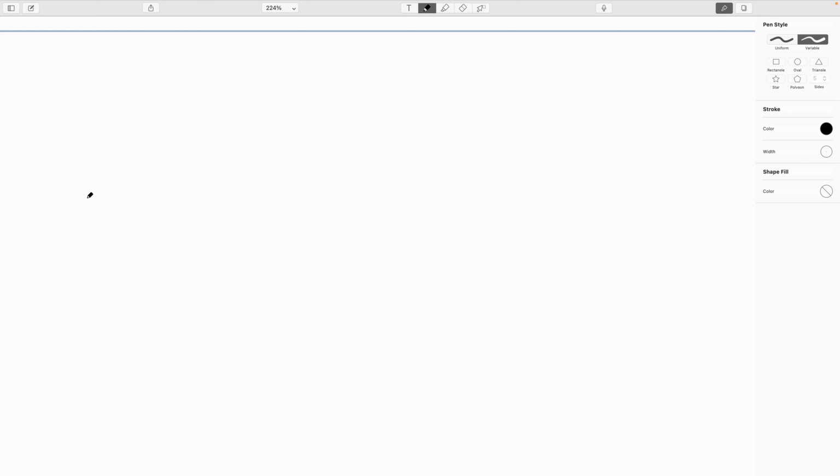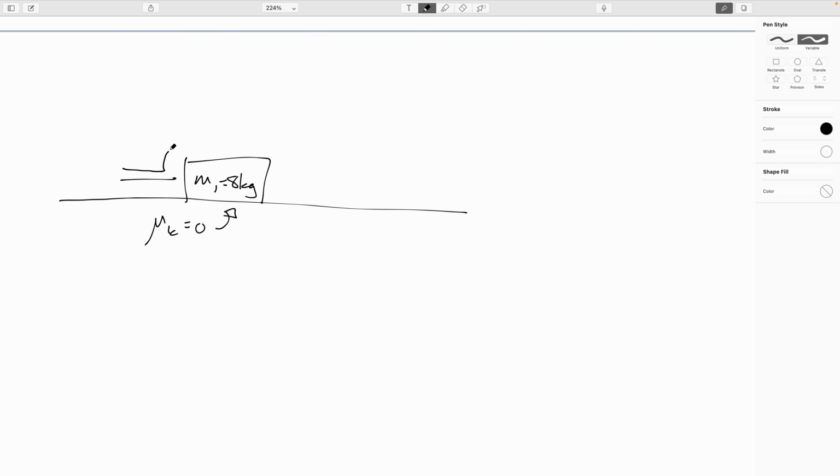Let's imagine I've got a frictionless surface here, and an M1 equals 8 kilogram block that I am pushing. That's supposed to be my hand, pushing on the block.